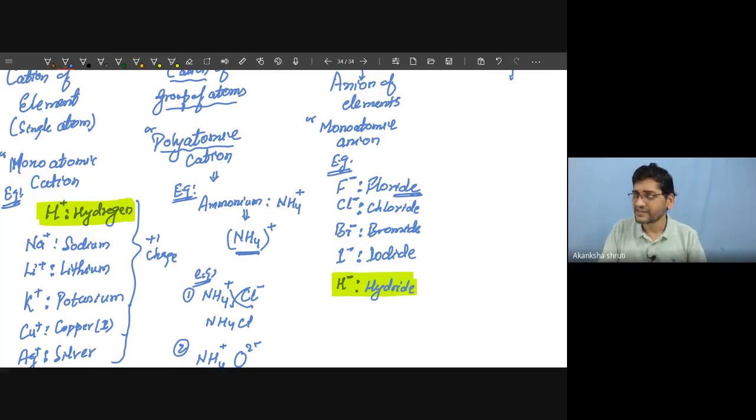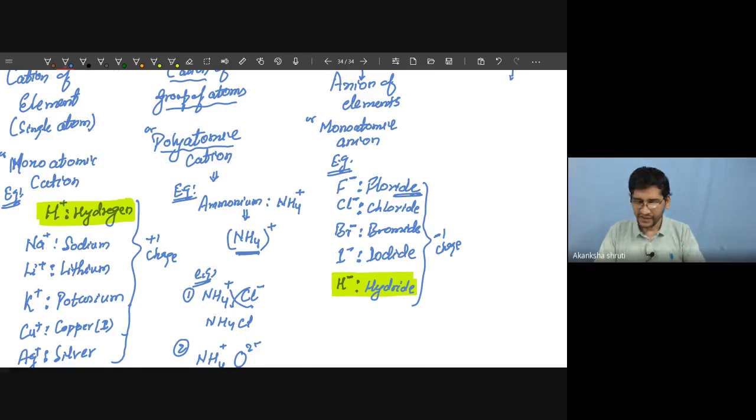Okay, students. So hydrogen is a peculiar element that we will learn in our next standard. So hydrogen with negative is hydride, but hydrogen with positive is simple hydrogen. Okay, students. So all of these are carrying how much charge? So -1 charge.